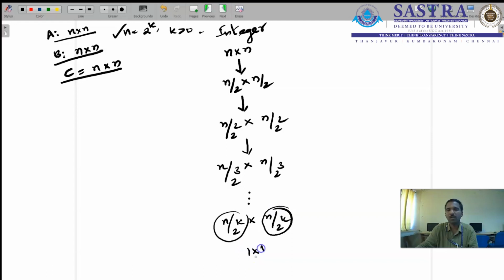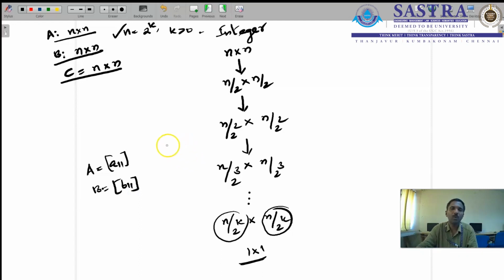So when the input size becomes 1 by 1, as we discussed earlier in the conventional matrix multiplication, capital A is a matrix of order 1 by 1. Suppose A11, only one element. And capital B is of order 1 by 1, having only one element.